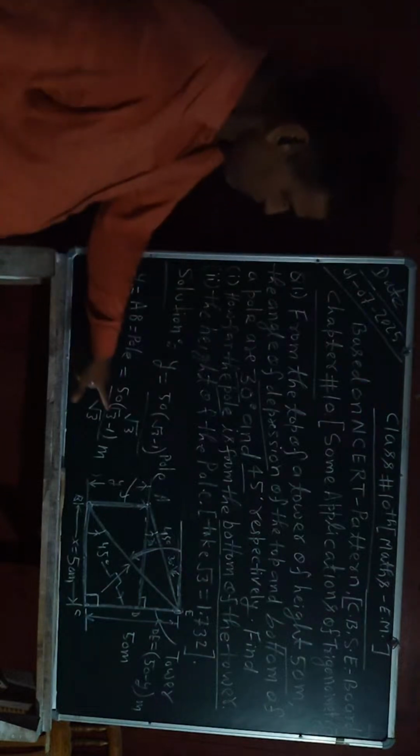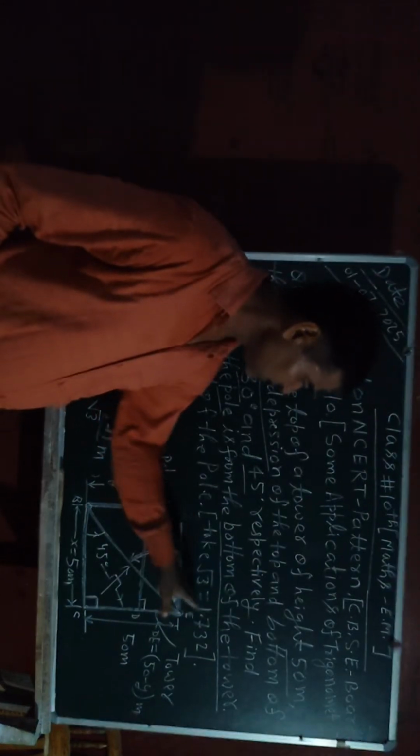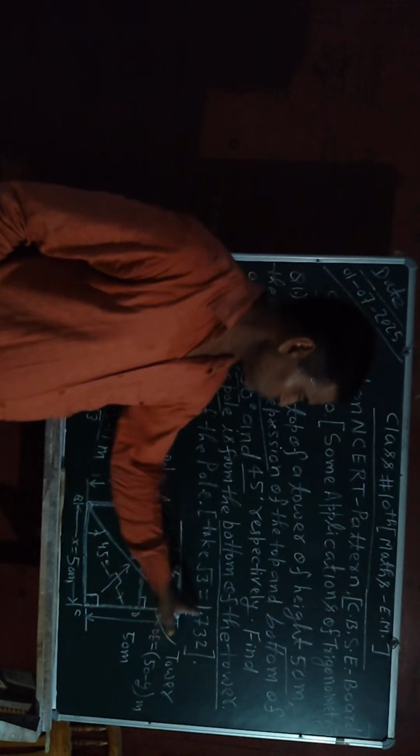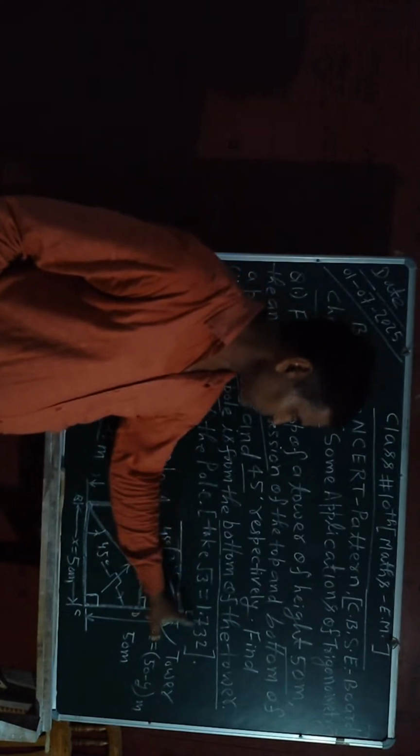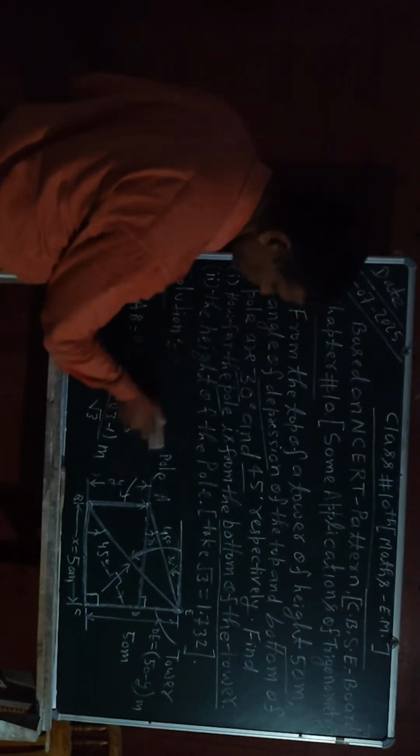So further I will substitute the value of root 3. The value of root 3 is given here as 1.732. So in the place of root 3 you have to put that for getting the value. Again I am going to simplify that value, because we will simplify it easily.